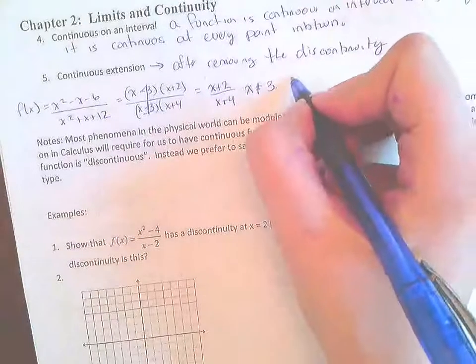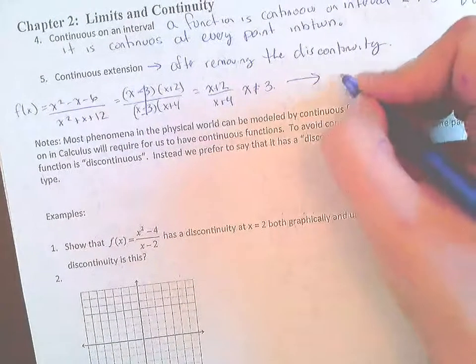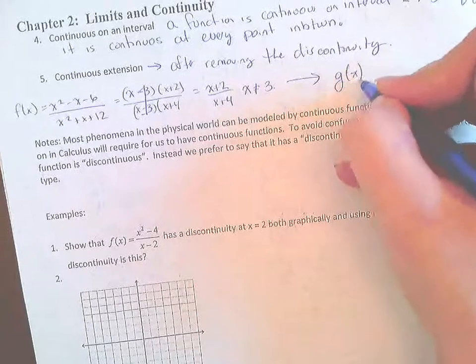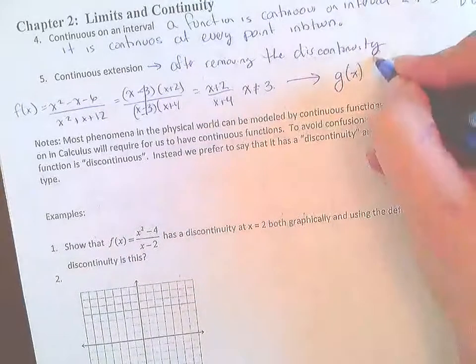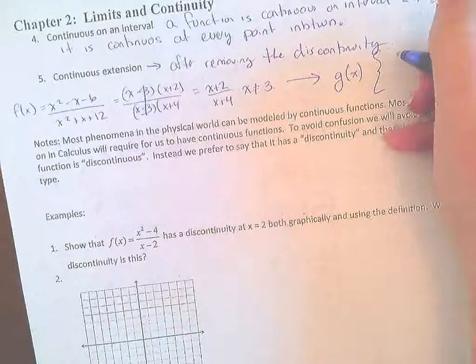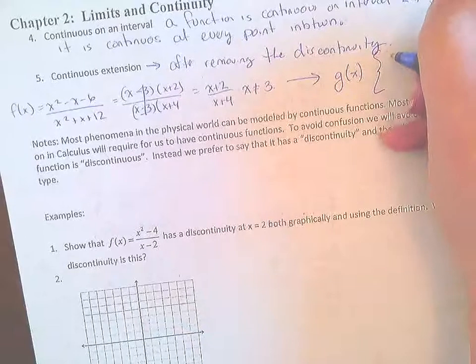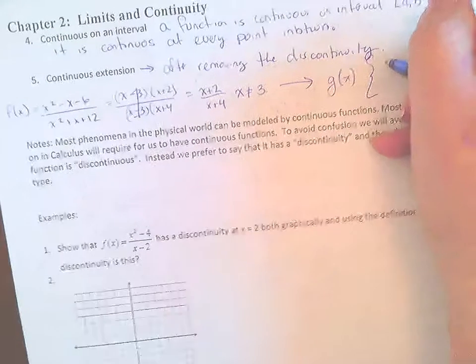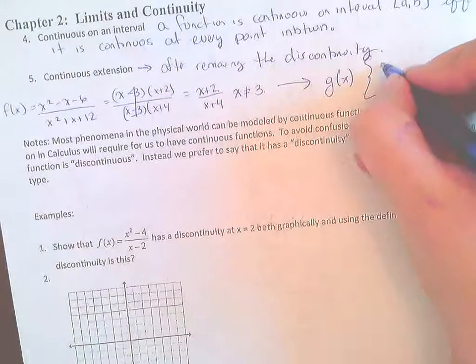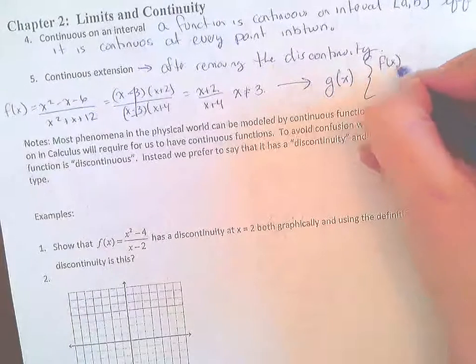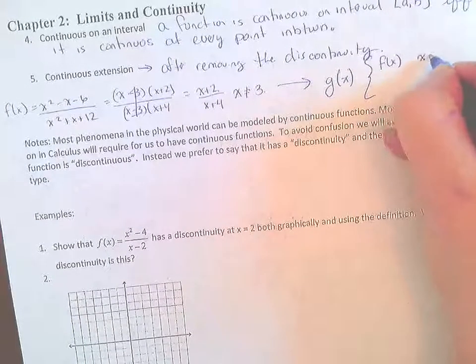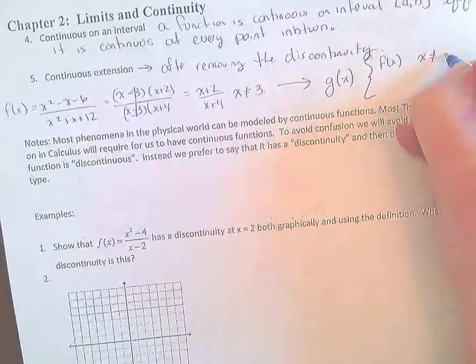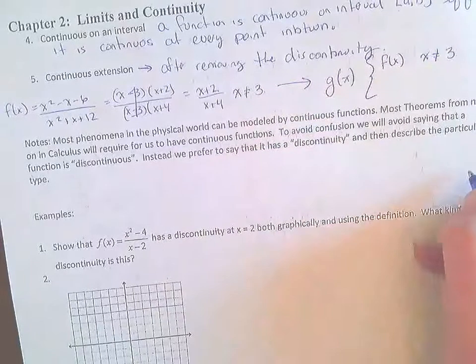Now, what the extension does is it allows us, let's call it g of x, to basically keep the part that we removed somehow. So you would put the f of x function up top and you would explain what your discontinuity was. So x could not be 3.